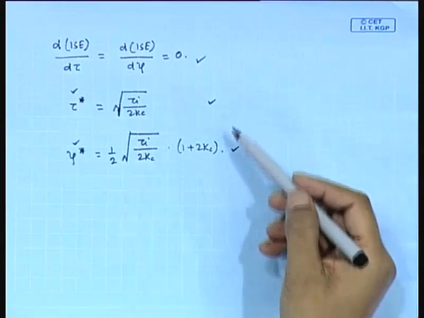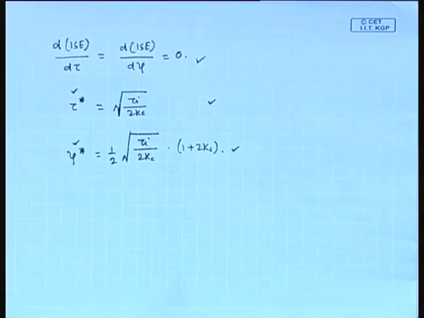Now, you see we have two equations and two unknowns, tau y and Kc. Solving these two equations, we get the optimal values of tau y and Kc.